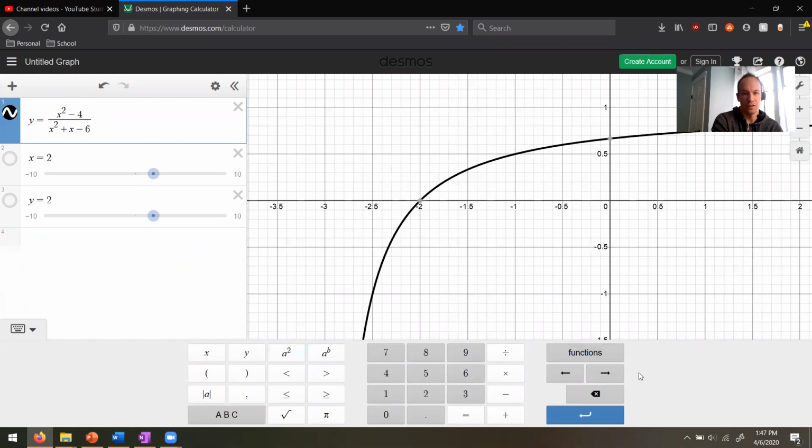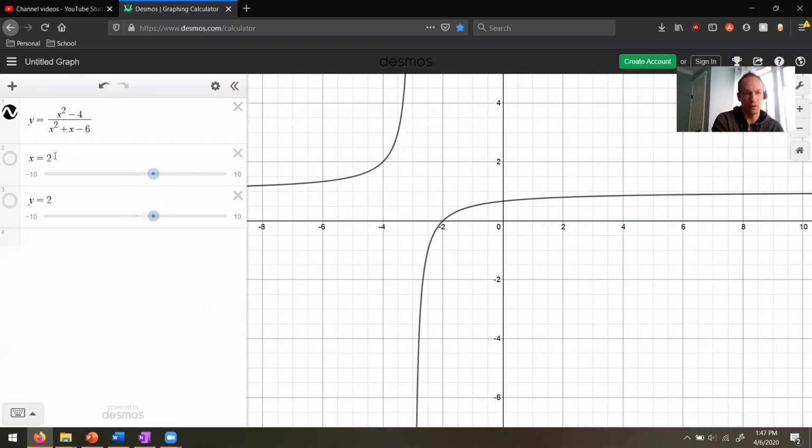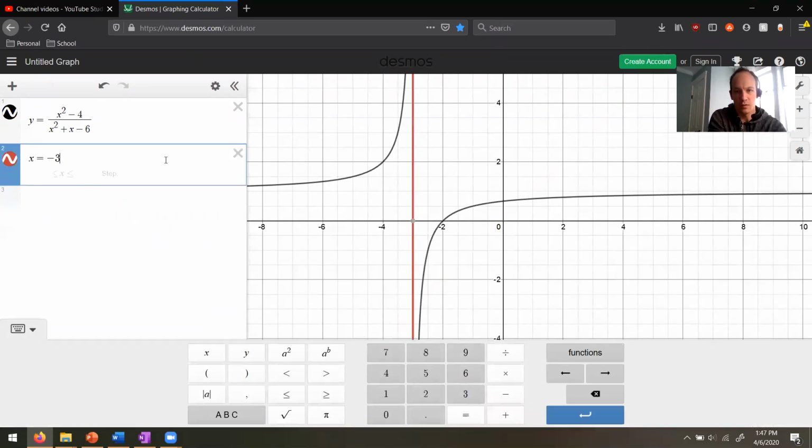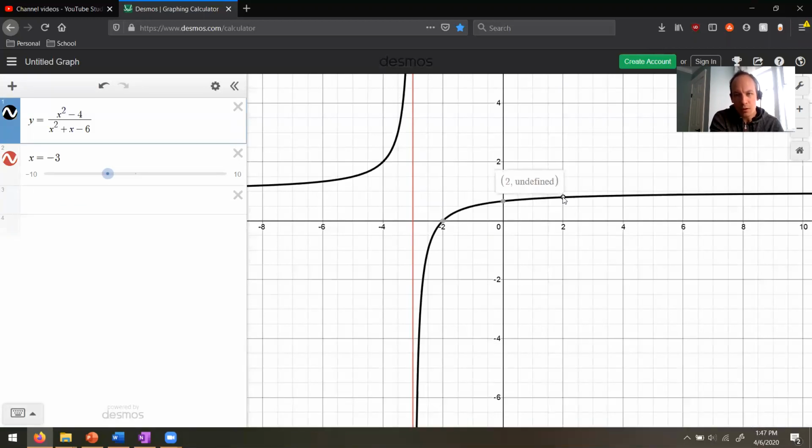So when you look at this, we should find that we have a vertical asymptote at negative 3. So let's actually just type that in. x equals negative 3. There's my vertical asymptote. And the point where we have our hole should be right here when x is equal to 2. And we can see on the graph that 2 is undefined.